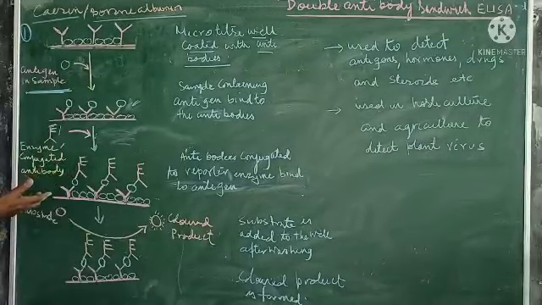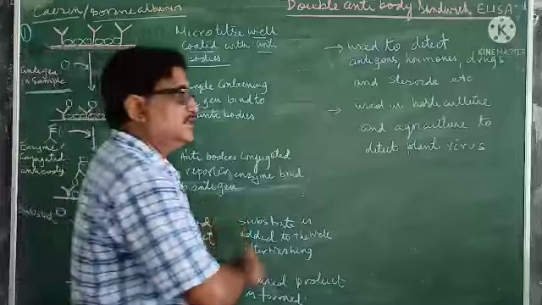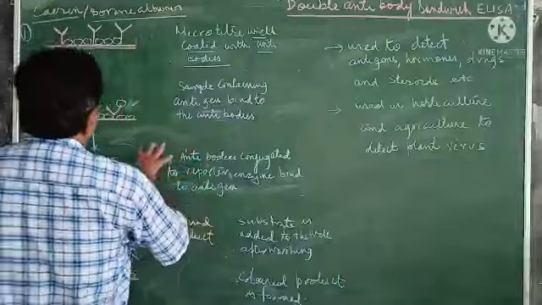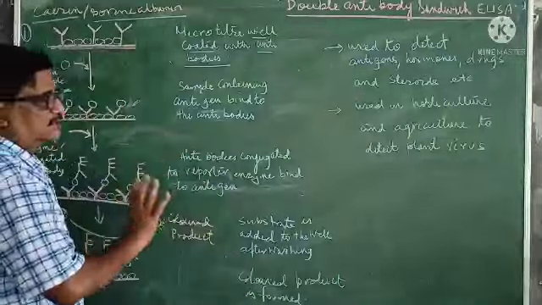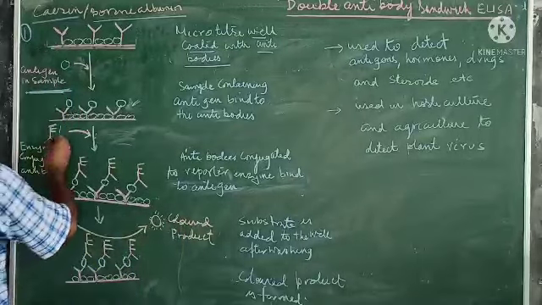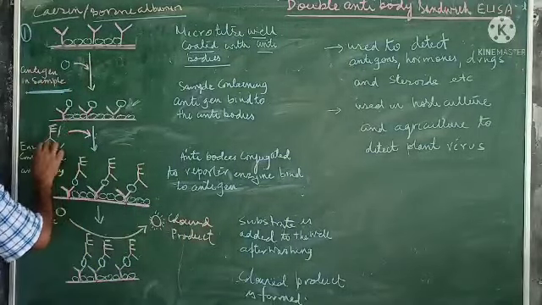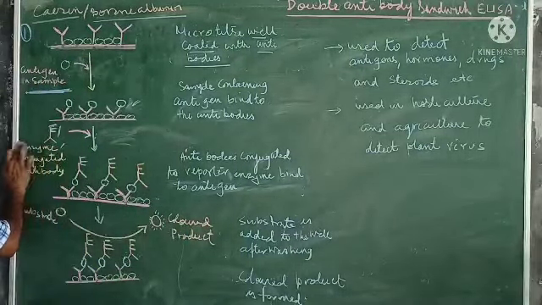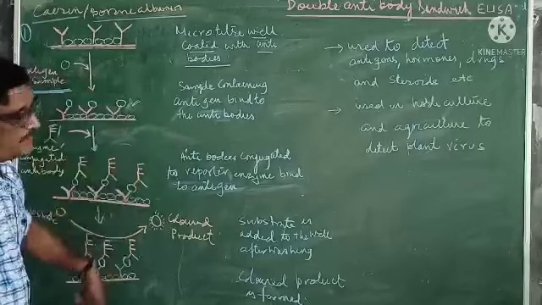This enzyme may be horseradish peroxidase or alkaline phosphatase. In most cases, horseradish peroxidase is used. So these enzyme-conjugated antibodies are added into the well.